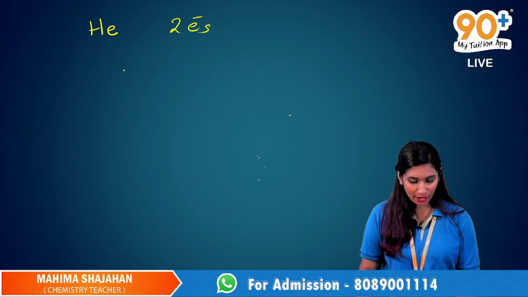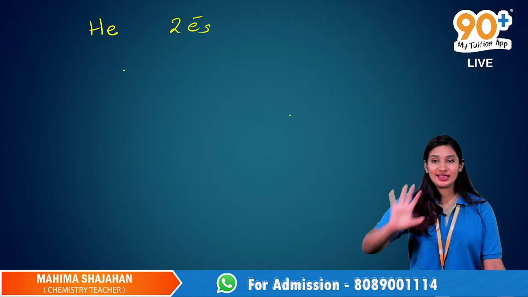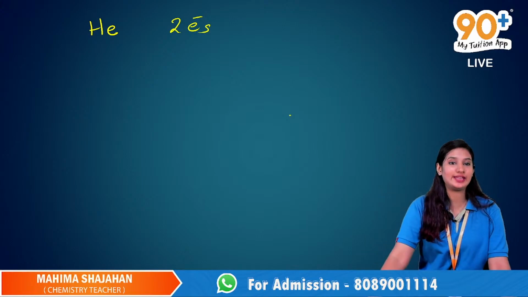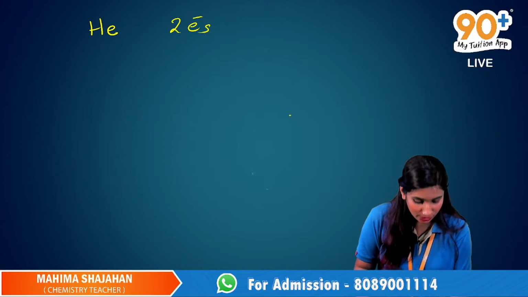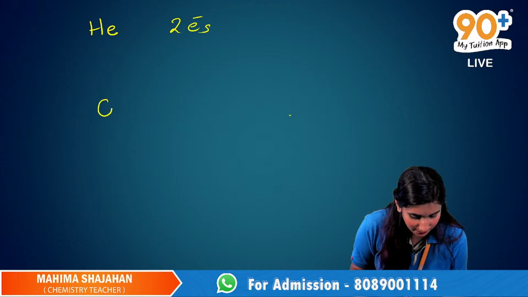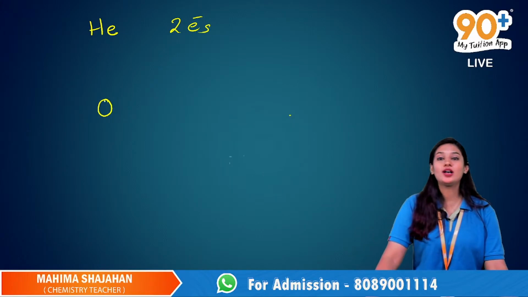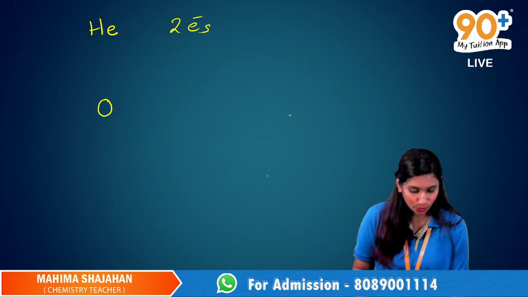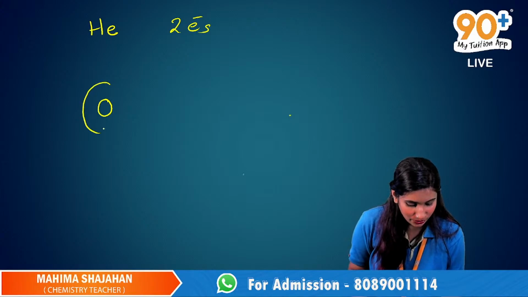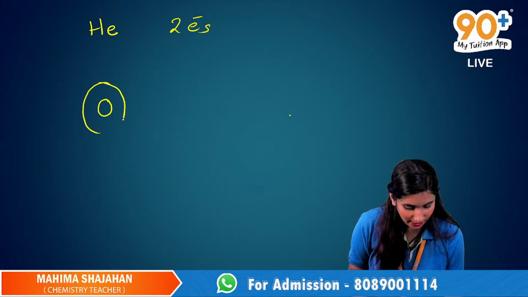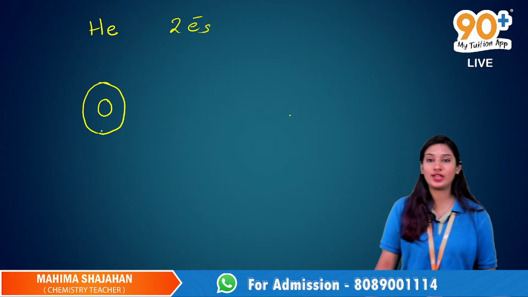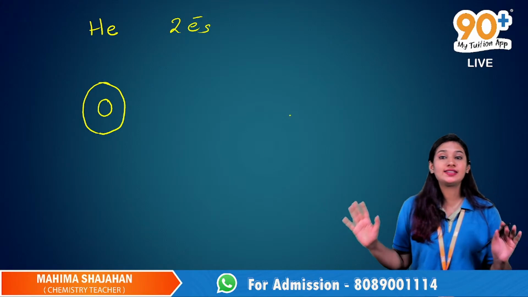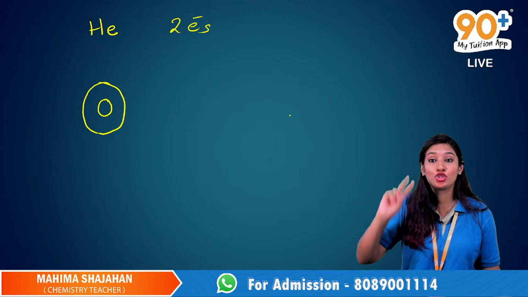Alright. Now, how will you draw the Bohr model for helium? First, you should draw a nucleus. Then you will draw the first shell, which is our K shell. Helium has 2 electrons.